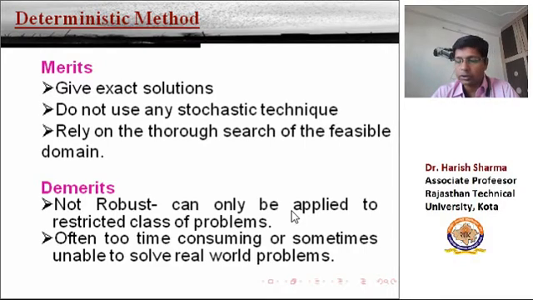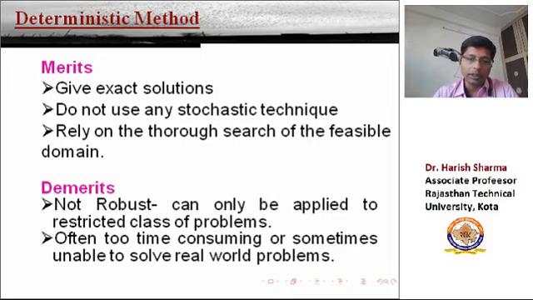Sometimes they are too time consuming and unable to solve real world complex problems, like NP-complete problems, whose solutions are not available in polynomial time. So these algorithms will not be beneficial for that kind of problems.